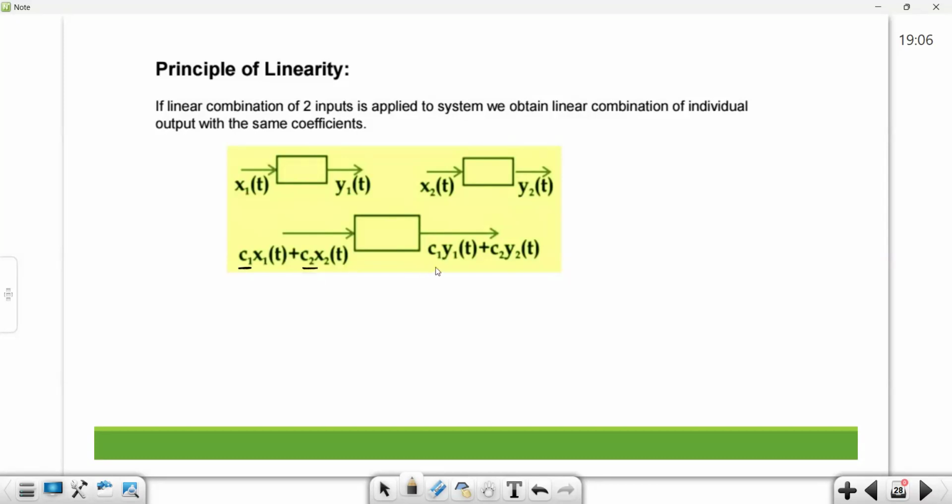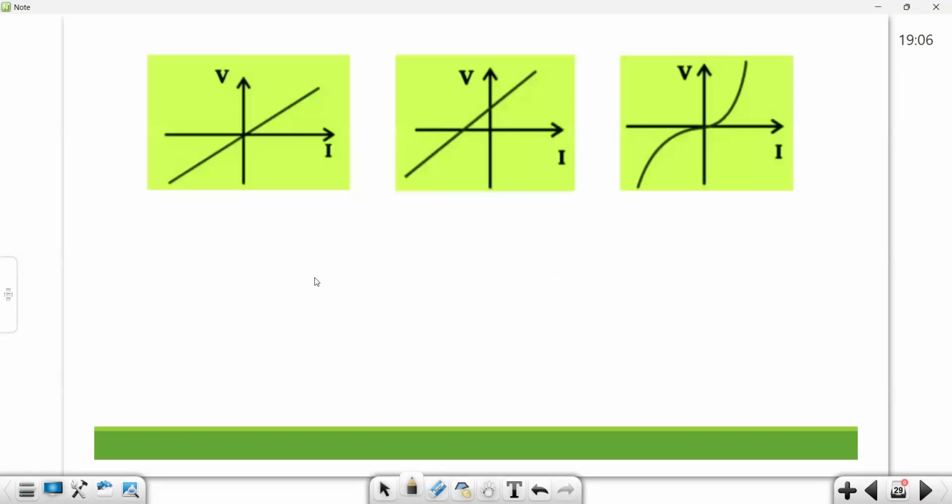So in the output also, the coefficient of y1, C1, has to be there. If it is there, then we'll call it the homogeneity property. And if two or more sources are there, then we'll call it superposition. If it is following both, then we will call it linearity. Done? Yes. We'll see examples. No need to worry.